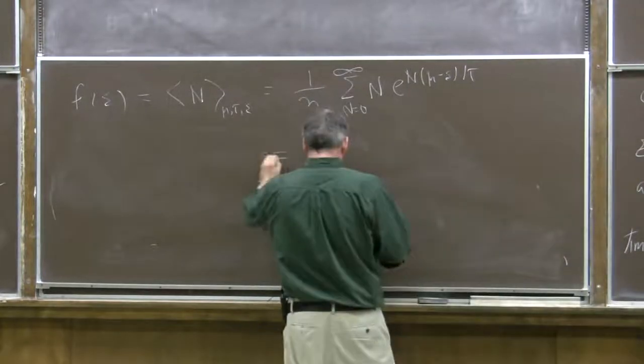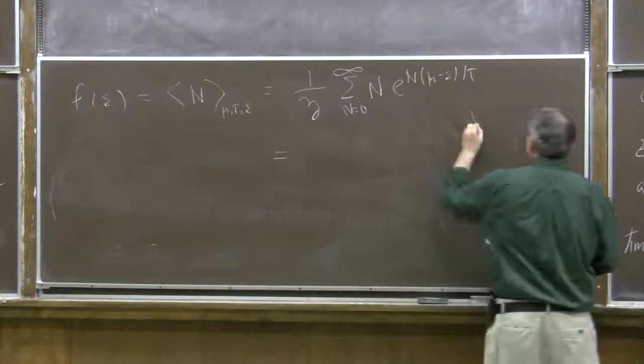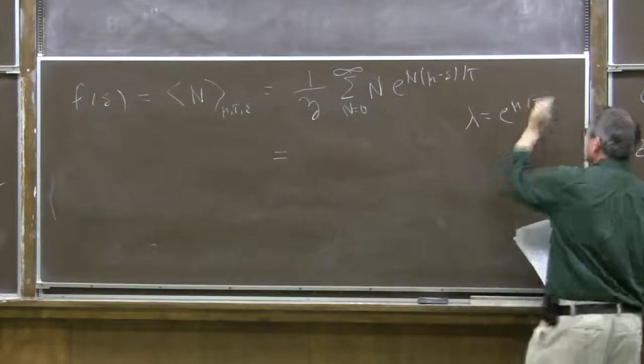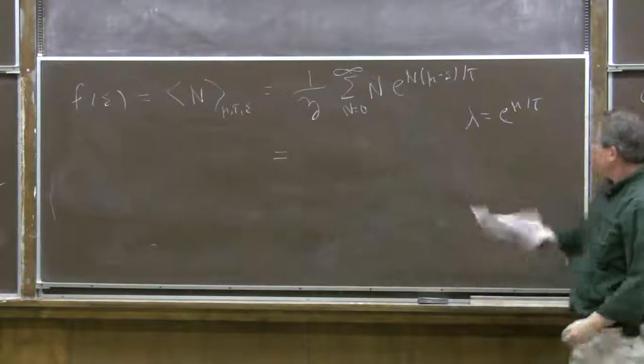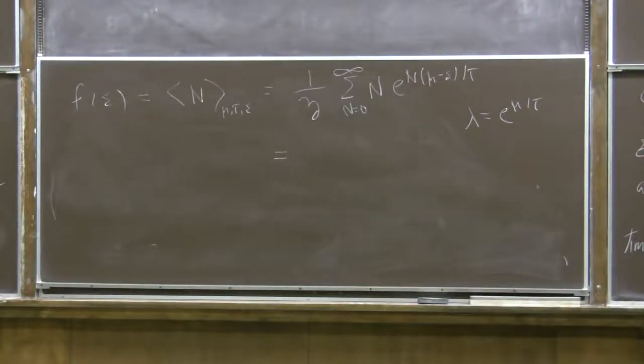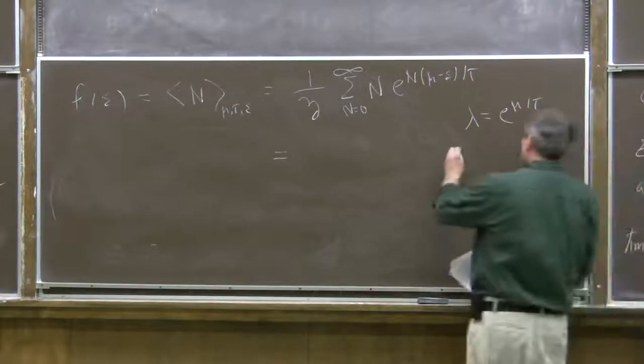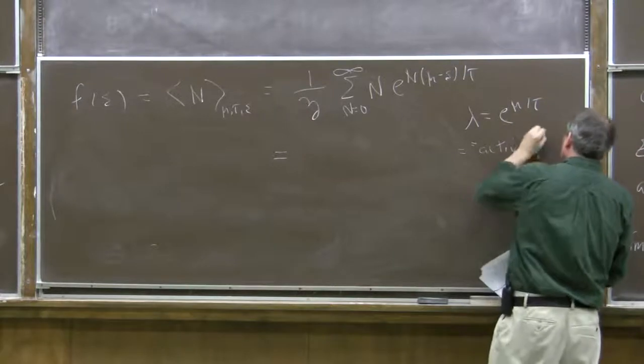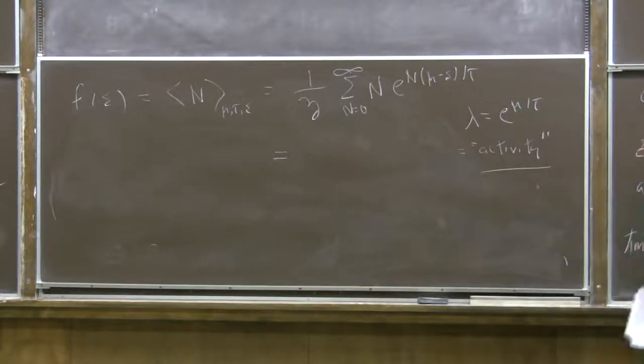And it's convenient to notice that if I define lambda as e to the mu over tau, so what appears in the exponential is lambda to the nth power. Lambda itself is a useful quantity, so we'll give it a name. We'll call it the activity, or absolute activity. It's just e to the mu over tau.